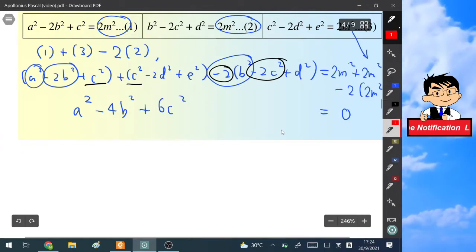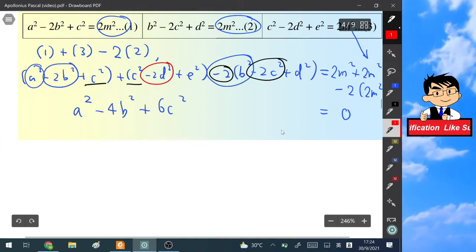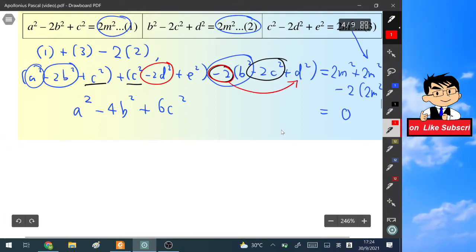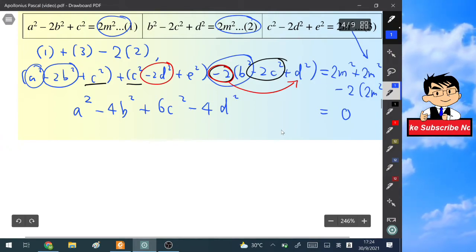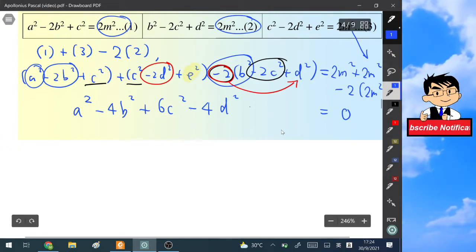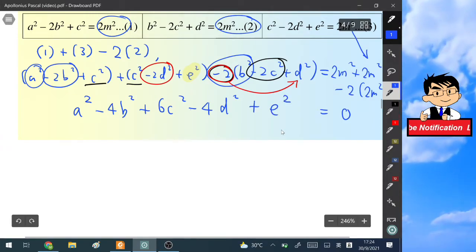And for the d terms, we have negative 2d squared, and then we have the negative 2 multiplied d squared, which is negative 4d squared. And then finally, we have the e squared term alone, and we have plus e squared in the last term.